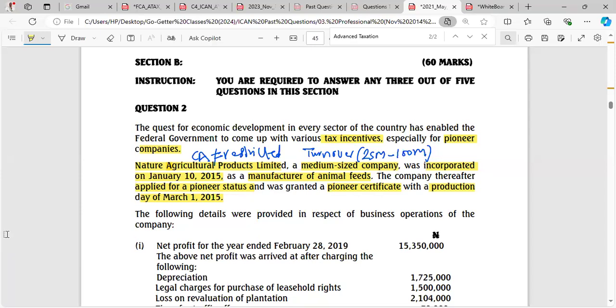Okay, so you see here, March 1, 2015, you know that your initial 3 years will start from March 1, 2015, and it will end when?